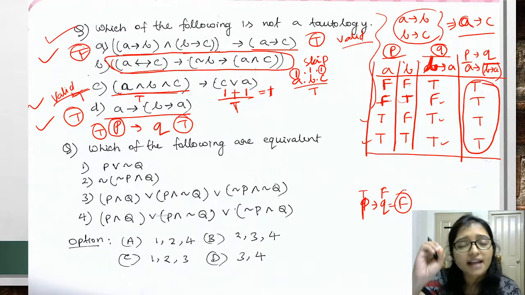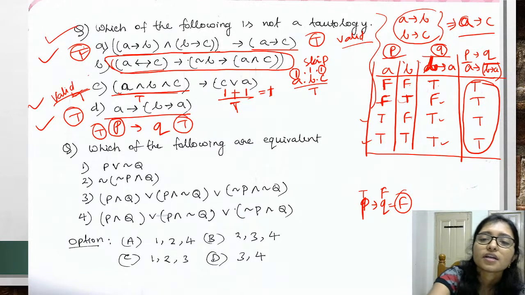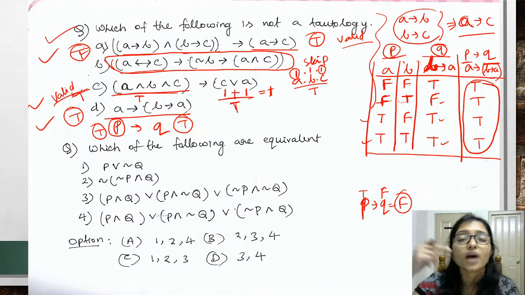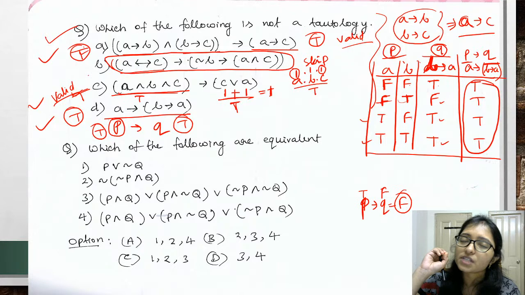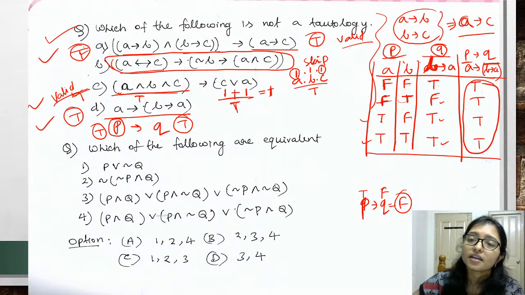Try to understand the concept, Riddhima, otherwise you will not be able to solve. Try to concentrate and try to watch the recording again and again. Logic समझना है तो आपको थोड़ा concentrate करना है, ठीक है.